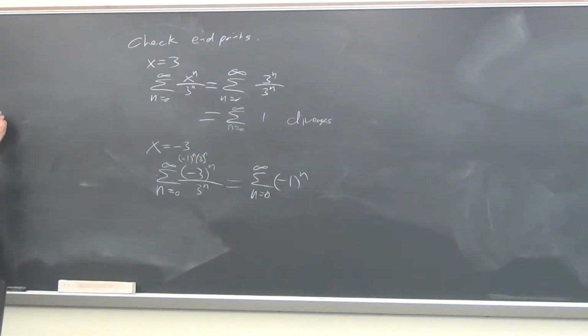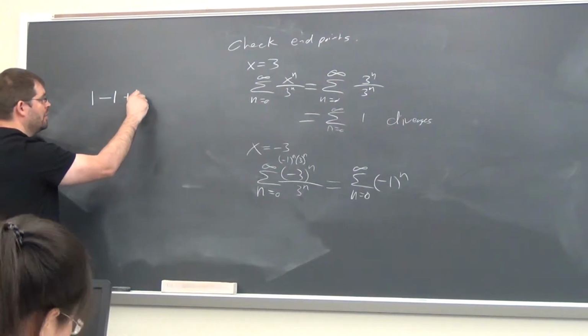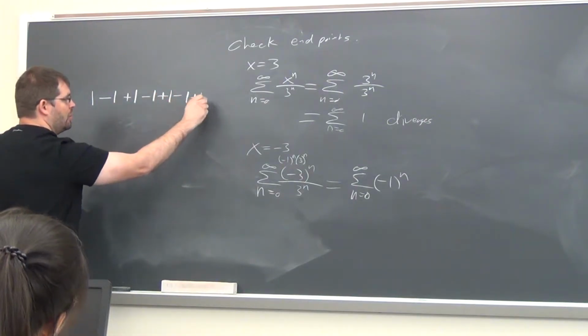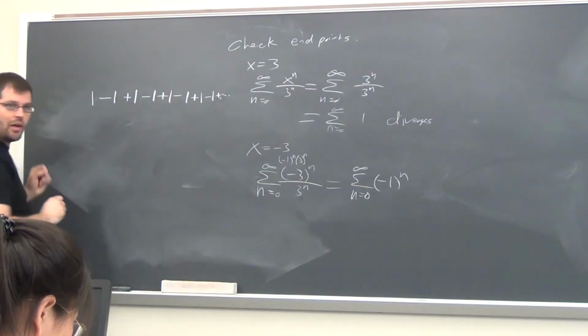So that series looks like what? When n is 0, you get 1, when n is 1, negative 1, when n is 2, 1 again, right? 1, negative 1, 1, negative 1, and so on.